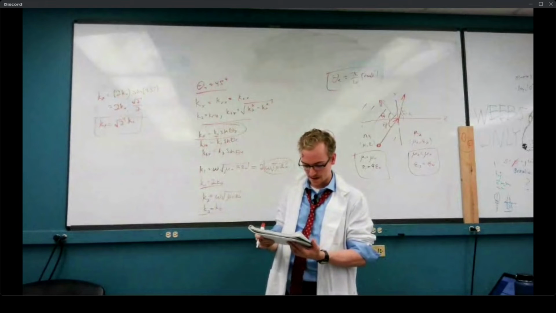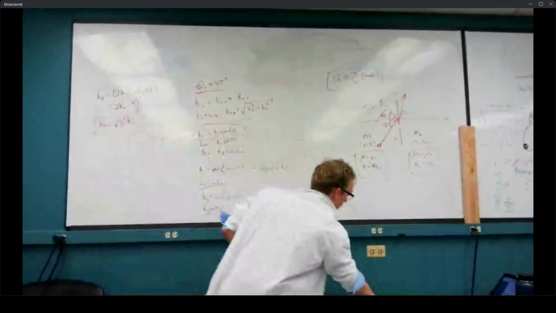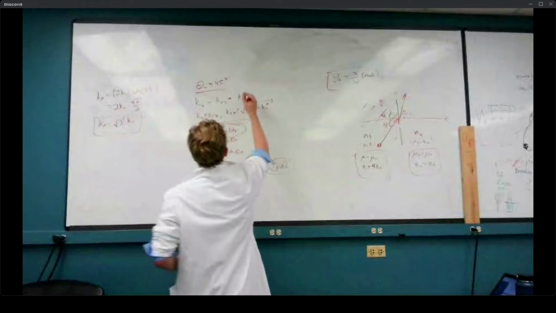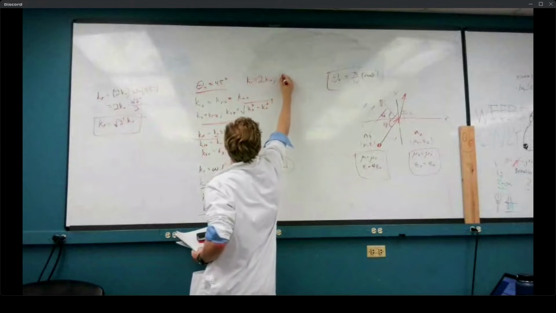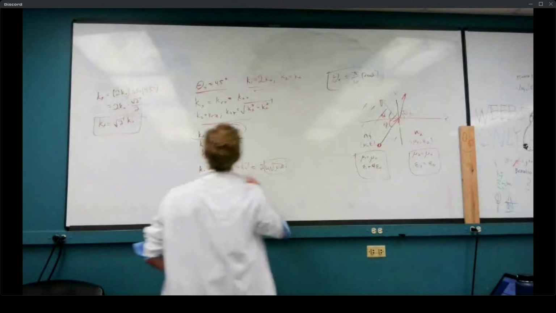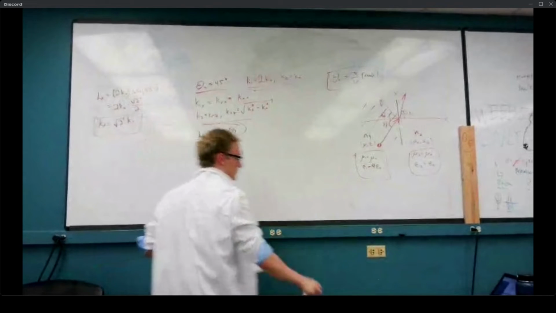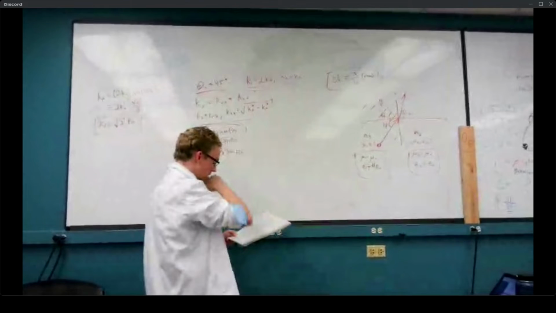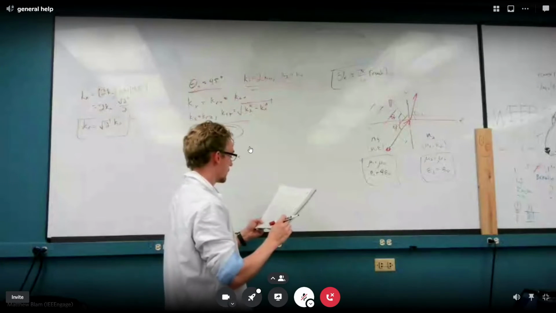Now to find kz, I will need to erase some of this to make space, if that's okay. Let's set these up here where k1 equals 2 k naught and k2 equals k naught. Ah, yes, this is one of the equations that I think I forgot to include.